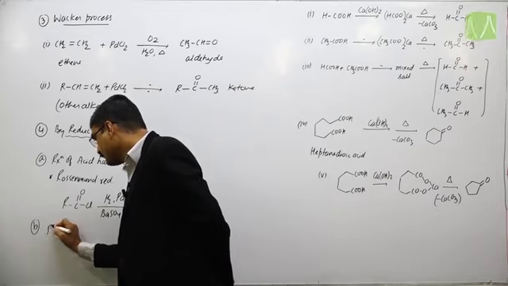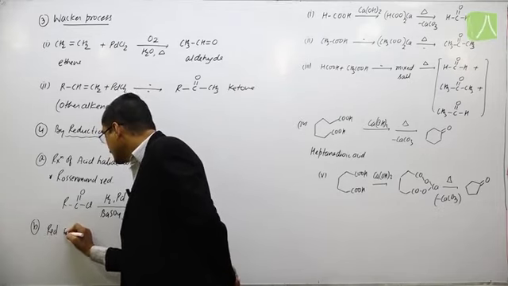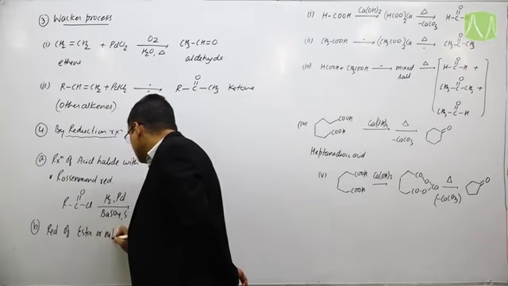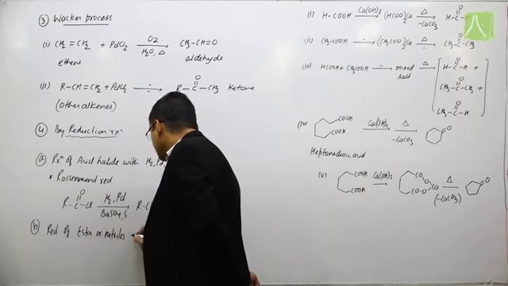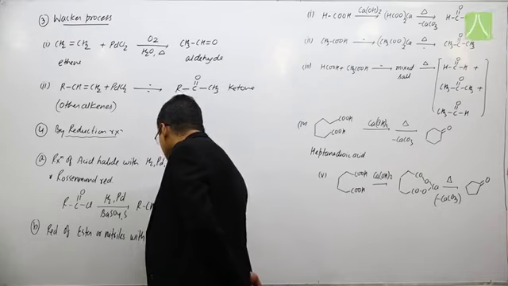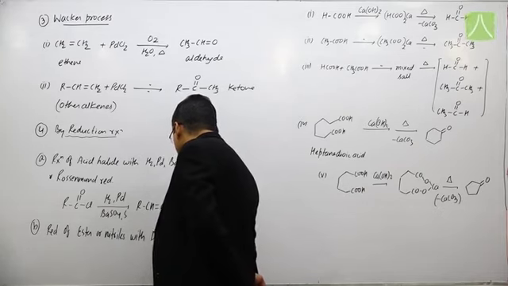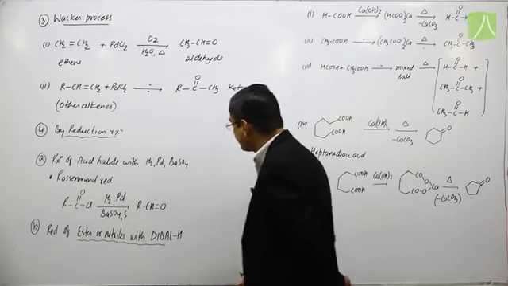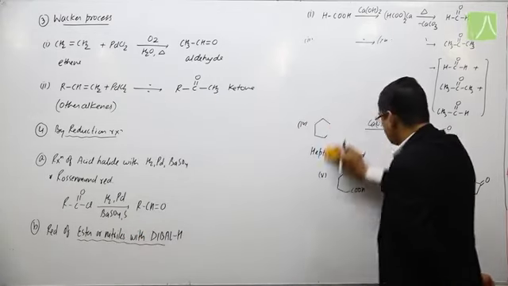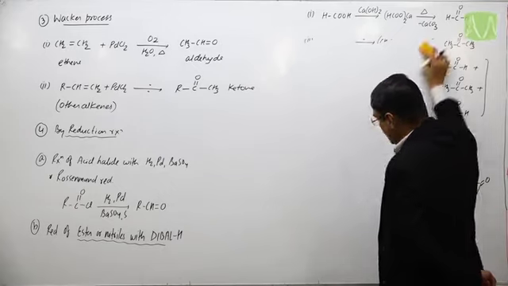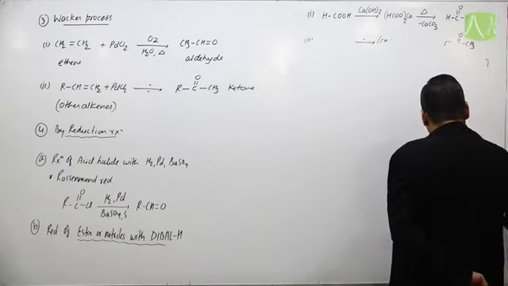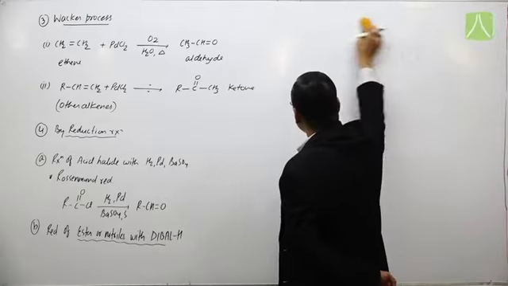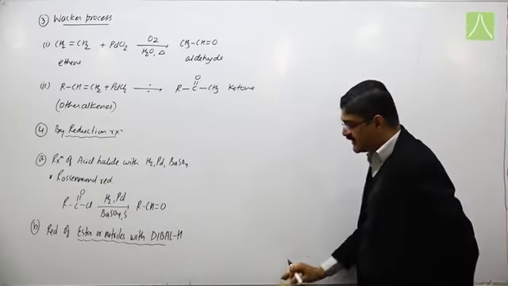The second is reduction of ester or nitriles with diisobutyl aluminium hydride. So DIBAL-H, or diisobutyl aluminium hydride, is used to reduce ester or nitrile into aldehydes.